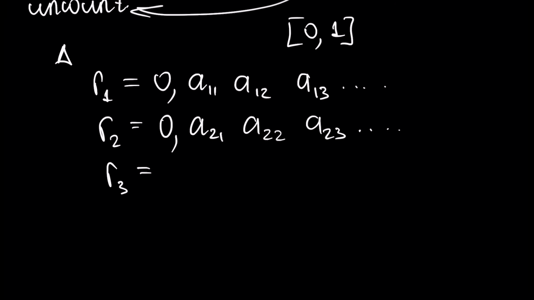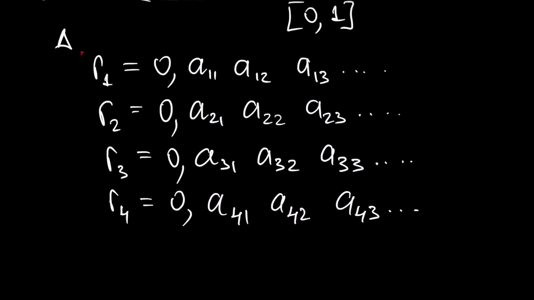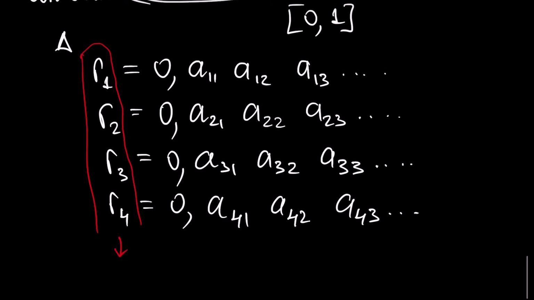Along the same way, the next number has a representation A31, A32, A33, and so on. So assume we have a countable number of elements in this segment, and of course, A1 is some digit. It can be 0, 1, 2, 3, 4, 5, 6, 7, 8, or 9.